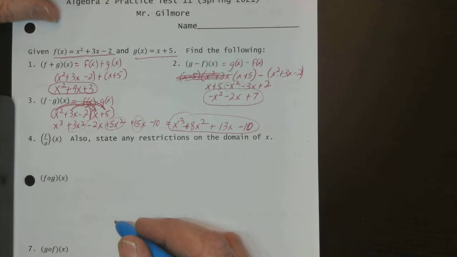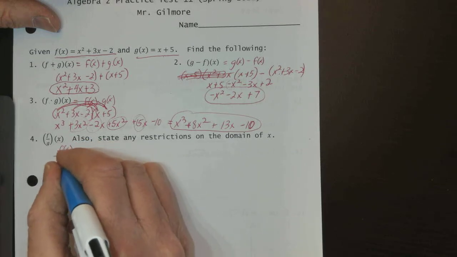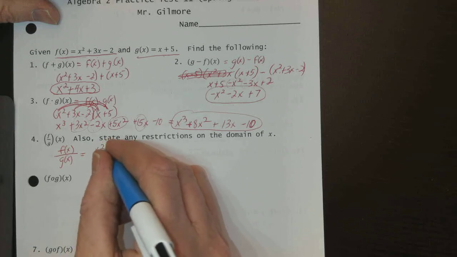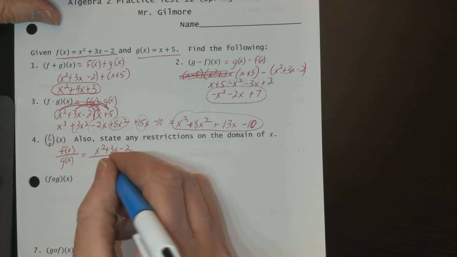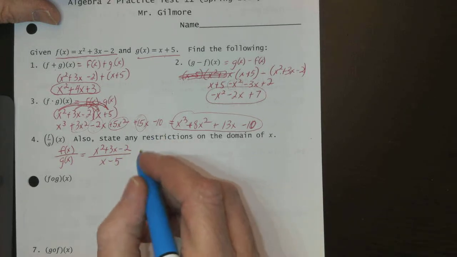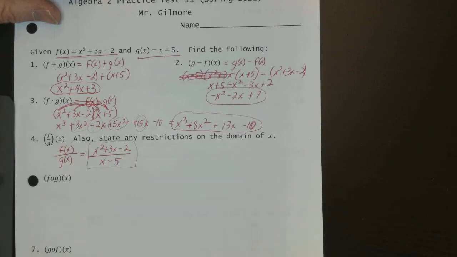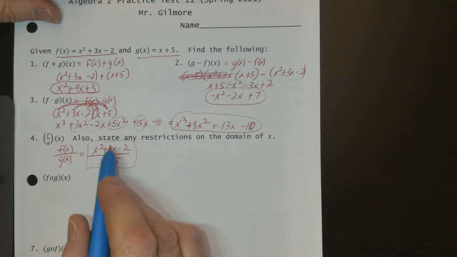Number 4. This is f of x over g of x. F of x is x squared plus 3x minus 2. G of x is x plus 5. Unless you can factor, which I don't think you can on this one, you wouldn't be able to simplify that anymore.